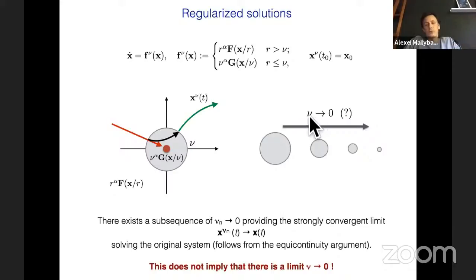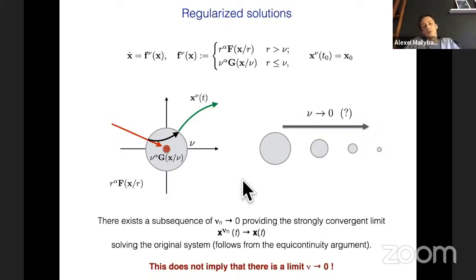In general, we don't know if there is a limit when nu goes continuously to 0, but you can always find a discrete subsequence of the regularizing constant nu_n converging to 0, such that there is a limit. I'm not giving a proof. It's essentially a direct consequence of the equicontinuity argument.